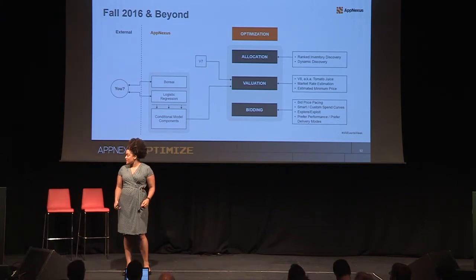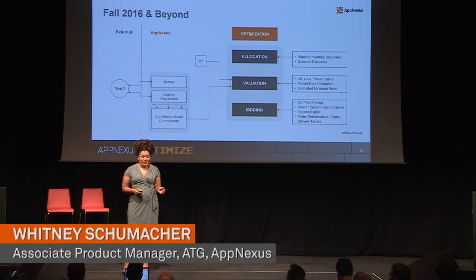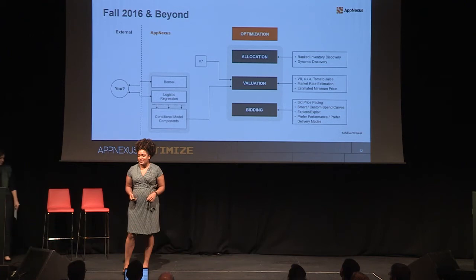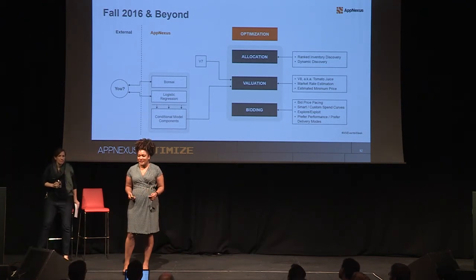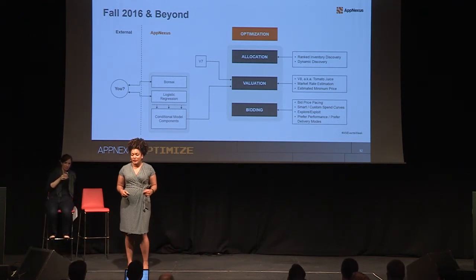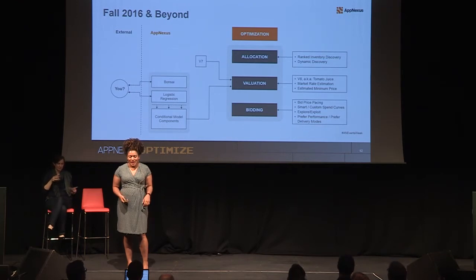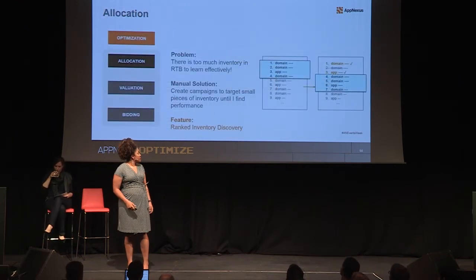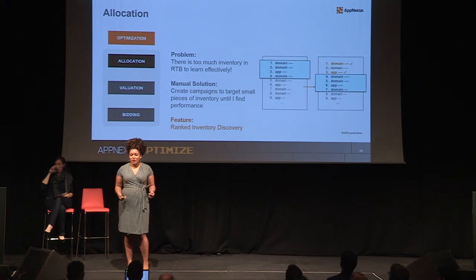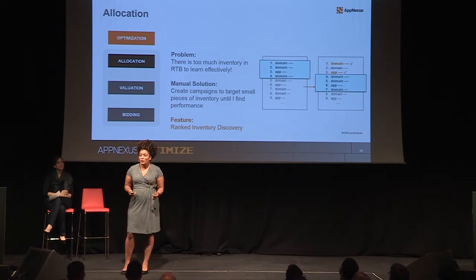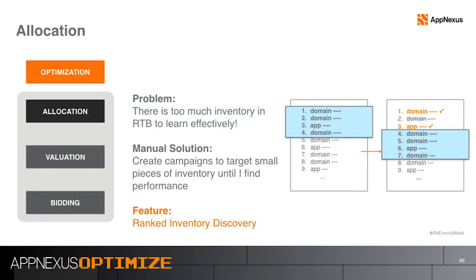Okay, so today I'm going to tell you all a little bit about the allocation, valuation, and bidding features and functionalities that we're currently building to help support you in reaching your goals on AppNexus. So the first problem that we look to solve is maybe one of the biggest problems in buying RTB, and that is that there's just too much inventory to really learn on effectively.